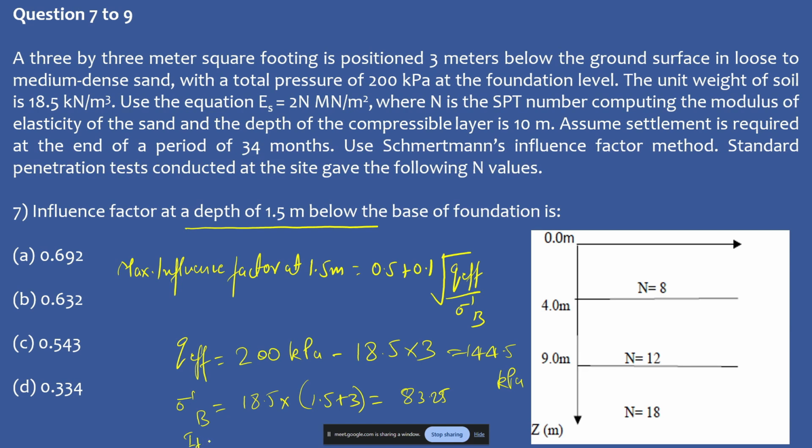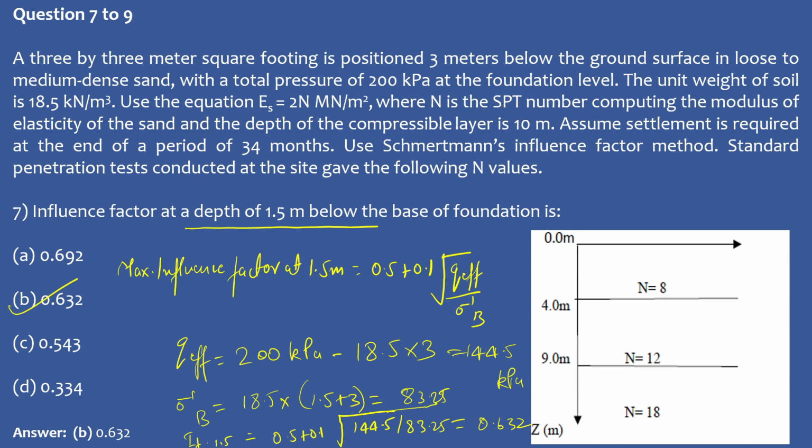So your IF value at 1.5 meter is evaluated as 0.5 plus 0.1 times the square root of Q effective, 144.5, upon sigma dash b, 83.25. That is 144.5 divided by 83.25, square root of the answer, times 0.1, plus 0.5, which gives 0.632. Yes, so the correct answer is 0.632.